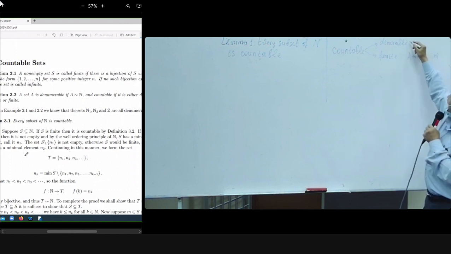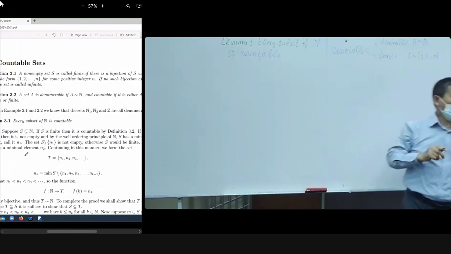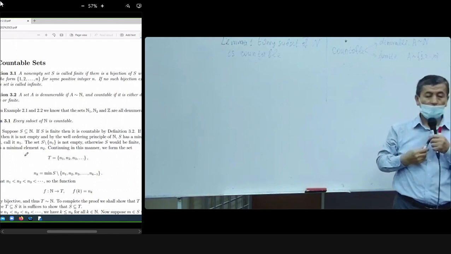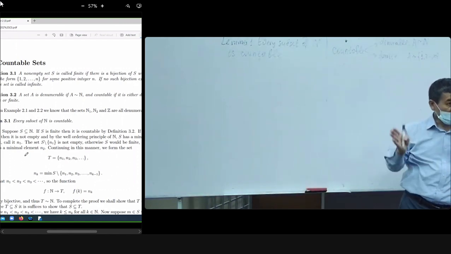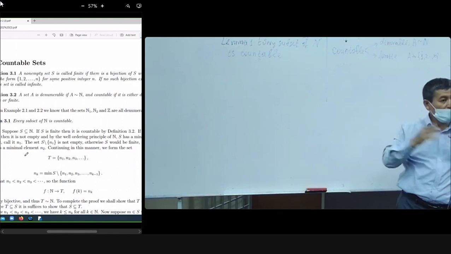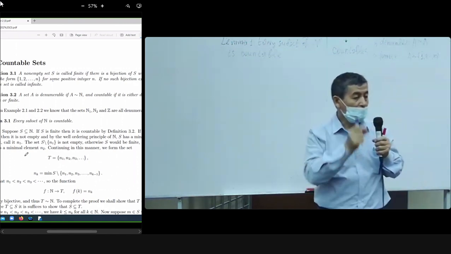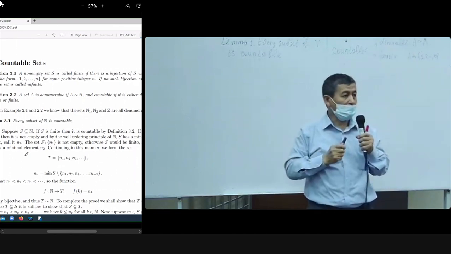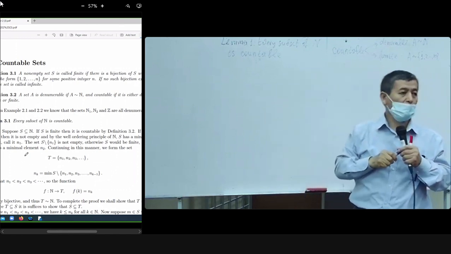For the denumerable, we have the equivalence of A with the natural number set N. In both cases, it is called countable. If it is finite, it is countable. If it is infinite, then it is still countable: infinite, but equivalent with N. Okay, now every subset of N is countable.